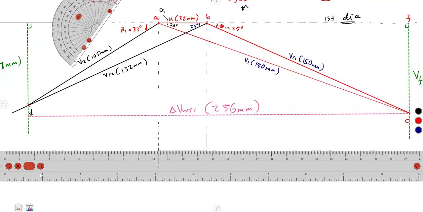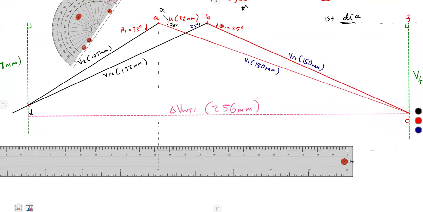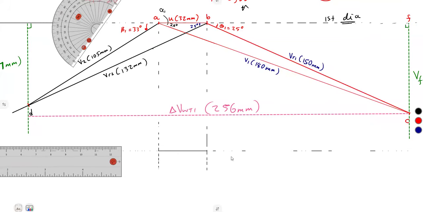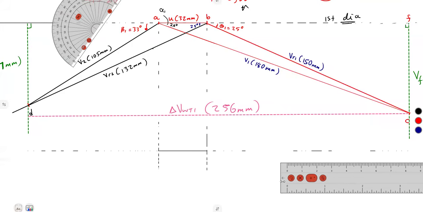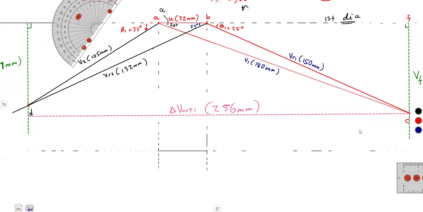So this is approximately it. We have this part representing AB from A to B of the second diagram. That is the same as before, 32 millimeters.